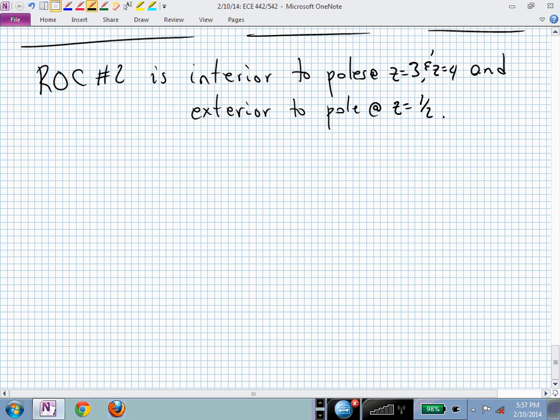Now, what can we say about, well, how does this region of convergence relate to the unit circle? Does it contain or not contain the unit circle?